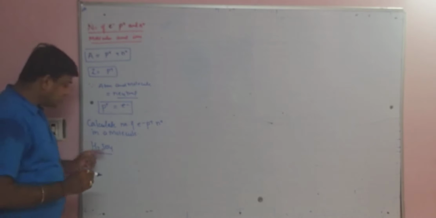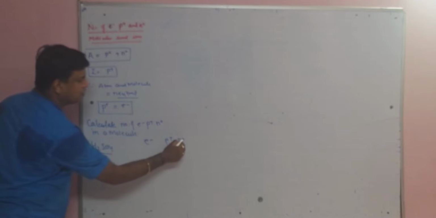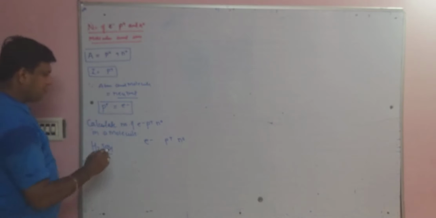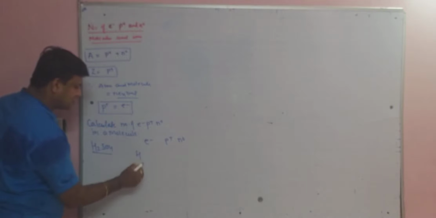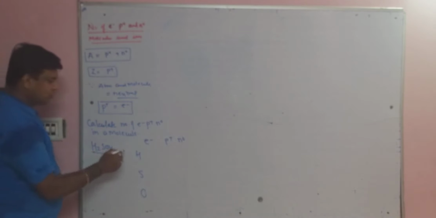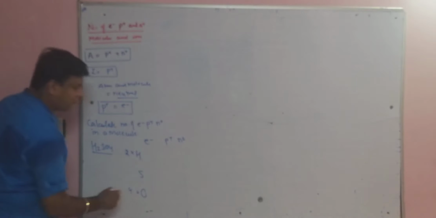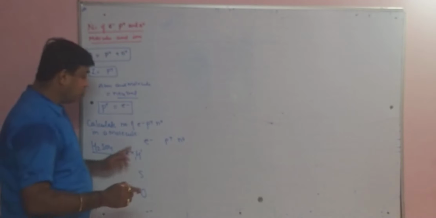In the case of H2SO4, we have to calculate the electrons, protons and neutrons. So we will separate all these atoms: hydrogen, sulfur and oxygen. Hydrogen is 2, so multiply hydrogen by 2. Sulfur is 1 and oxygen is 4. What is the atomic number of hydrogen and its atomic mass number? Both are 1.